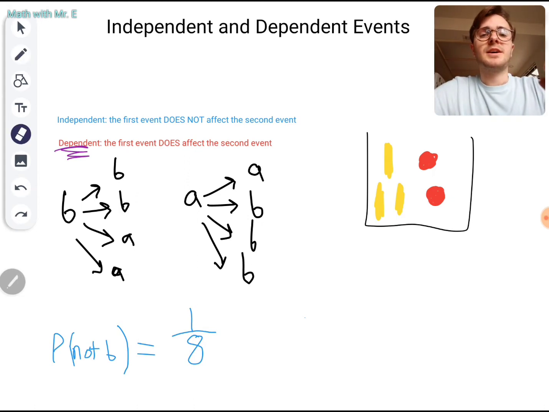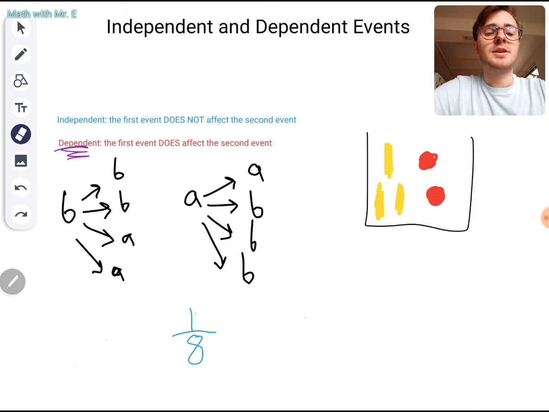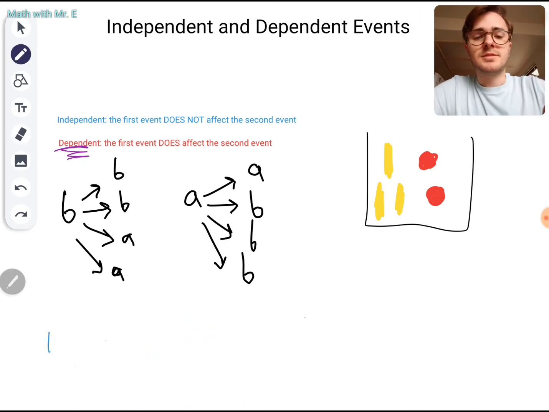Okay, now we've got another one. So now we're going to do the probability that both fruits that he eats will be the same fruit. Okay, so let's look at that. Let's do P same.